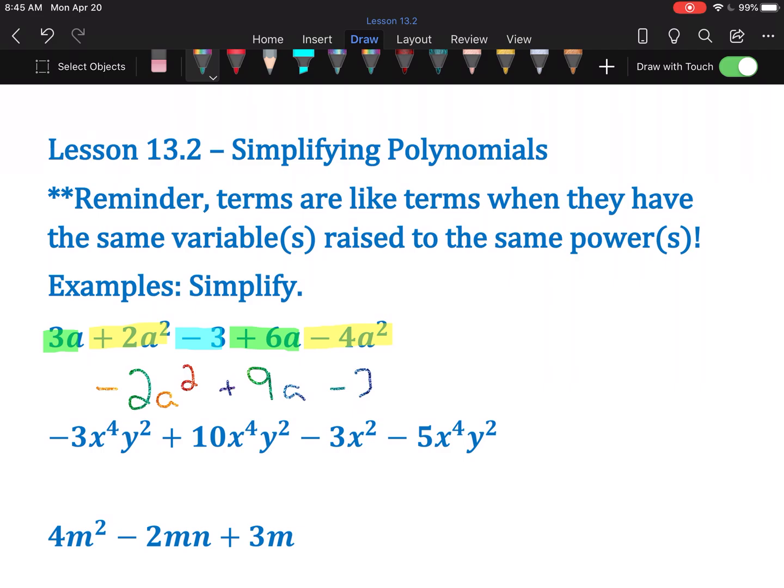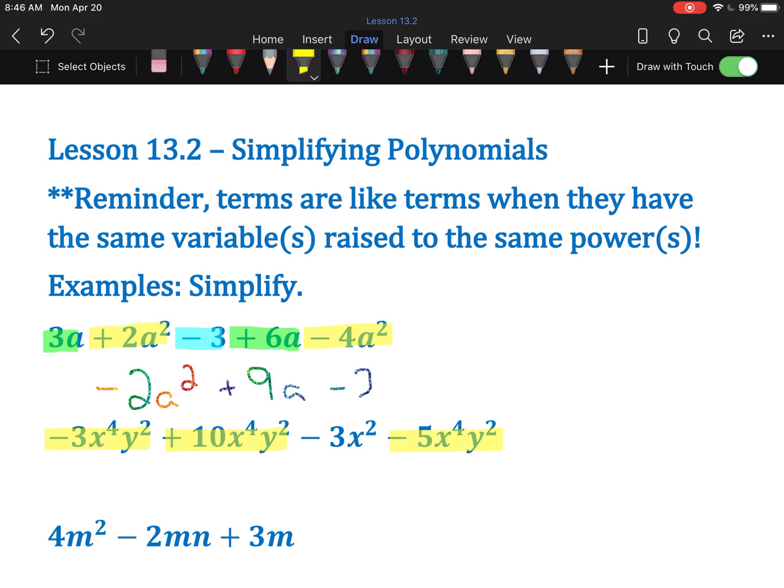So moving on. The next thing we have negative 3x to the fourth y squared plus 10x to the fourth y squared minus 3x squared minus 5x to the fourth y squared. So here there are 3 terms that have this x to the fourth y squared piece to them.